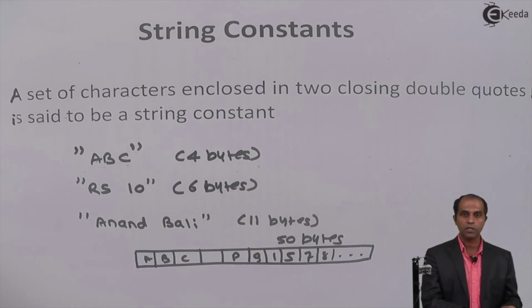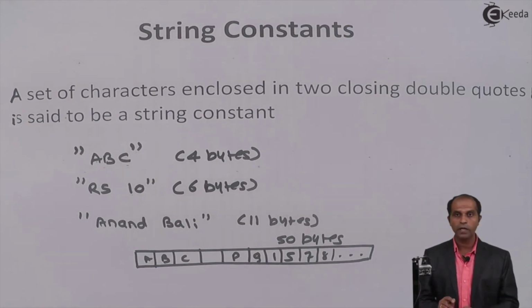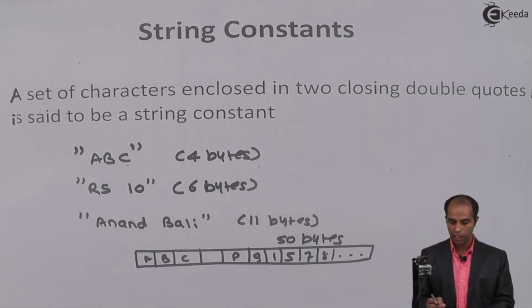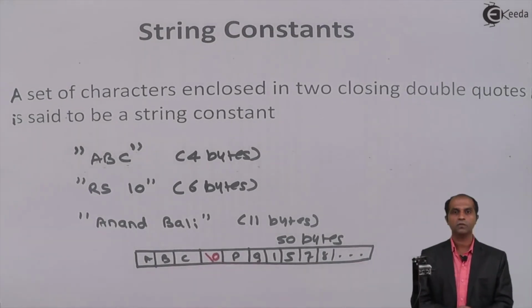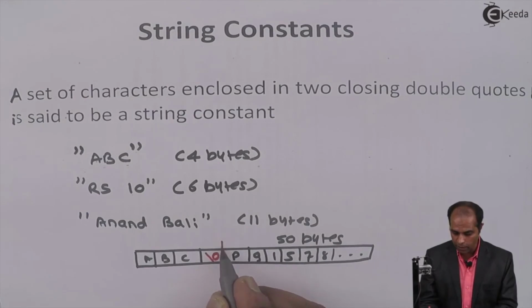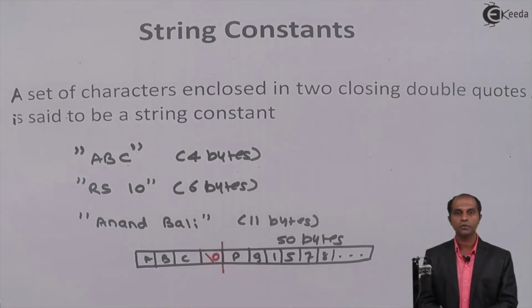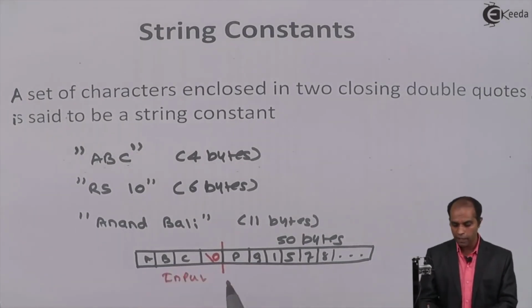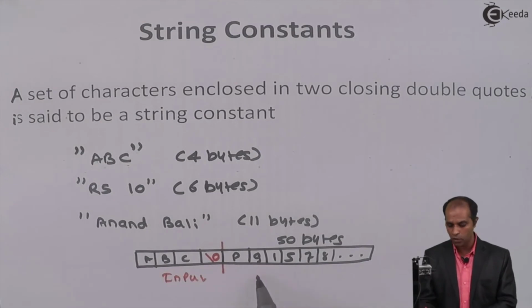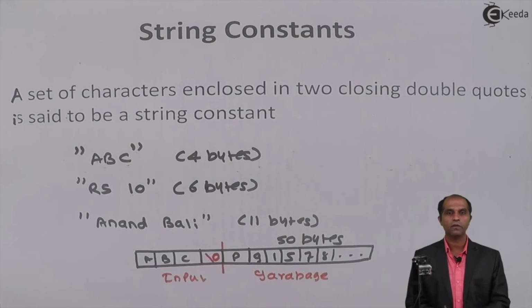What your system does is accommodate one additional byte and place an escape sequence called /0. So this is the additional byte which your system consumes. Anything which appears before /0 is actually the input, and anything which appears after /0 is your garbage or junk input.